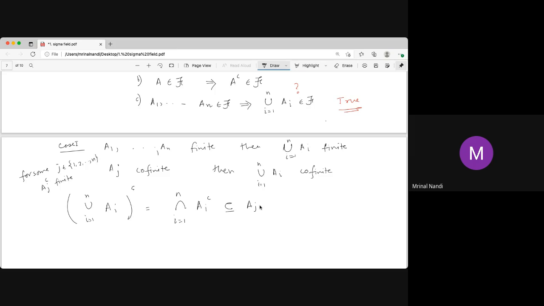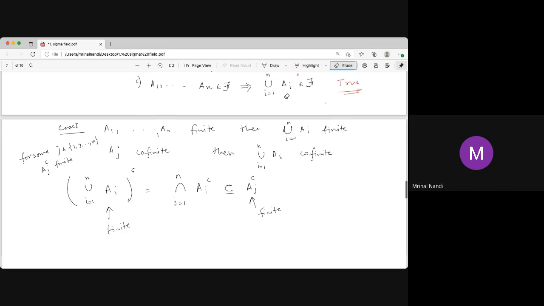Since A_J complement is finite, this is finite, as a subset of a finite set. So the complement is finite. That means if one of them is cofinite and you take the union, it will be a cofinite set.